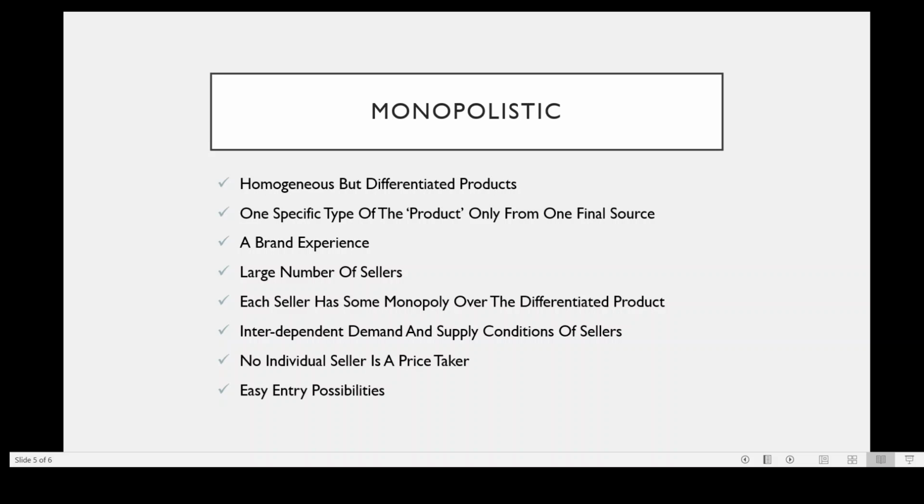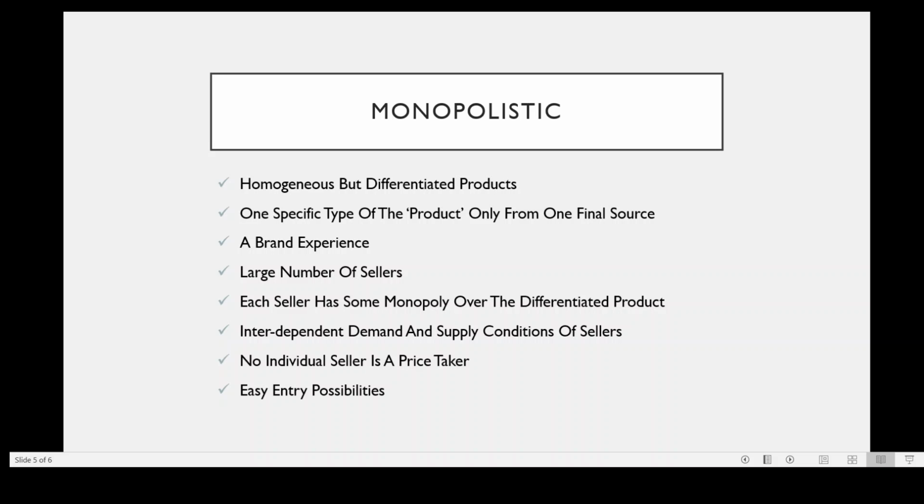So if you are looking for a Colgate Total experience, or if you are looking for Signal toothpaste which has got a color variation, that brand experience renders a certain monopoly component in the market offer. So there may be a large number of sellers, but each seller has some monopoly in this differentiated product, which is near homogeneous, is identical, but not really homogeneous.